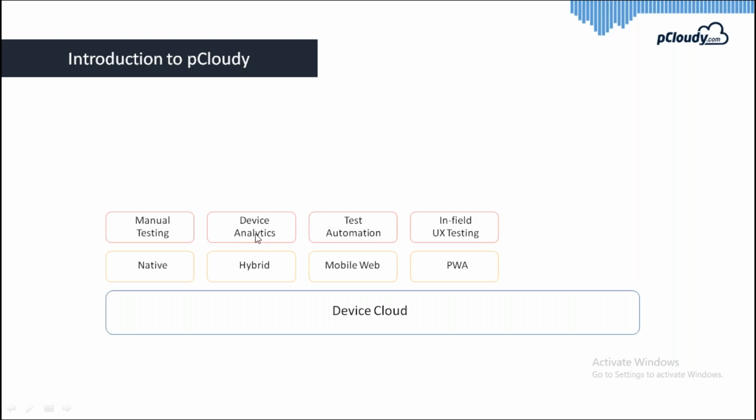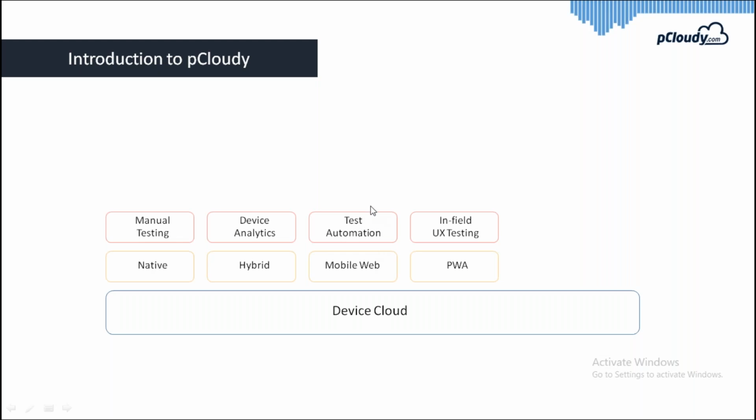The next point is device analytics, which gives you the right set of finite number of devices for a given geography where you want to release your application. So you can concentrate and channelize your testing energy and focus on the right set of devices to target maximum penetration in the specific market.